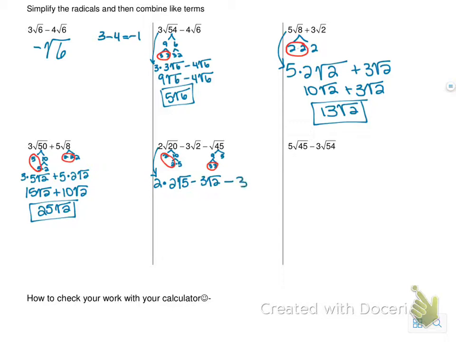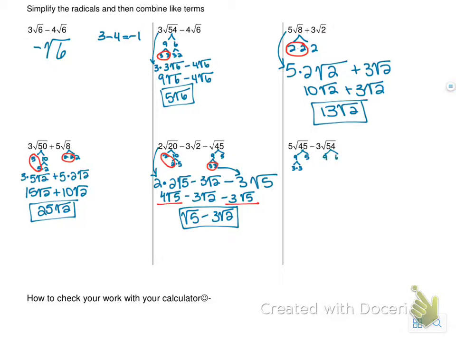So in this particular problem, we have two things that have square root of 5. So I know that I can combine some like terms in the end. Okay, and lastly, square root of 45. Break it down. Square root of 54.